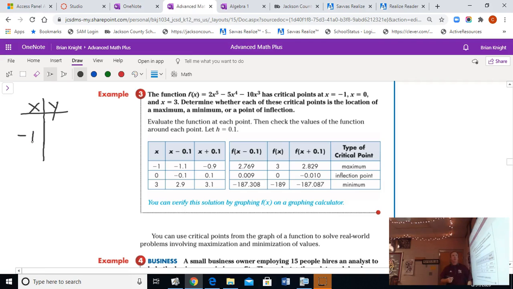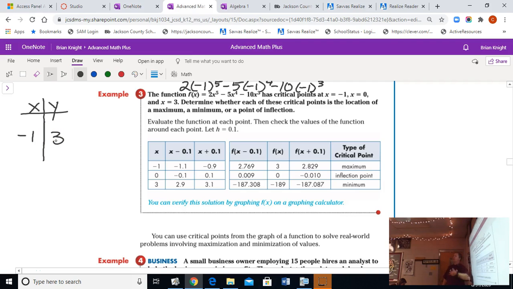I need your help there because y'all got the calculators. 2 times -1 to the 5th minus 5 times -1 to the 4th minus 10 times -1 to the 3rd. What does that give you? No pressure. I got 3. I think that's what I got in my head too. Okay?